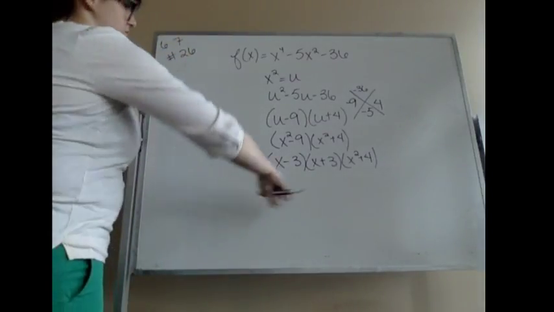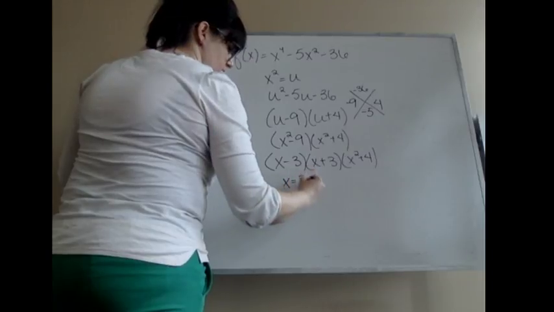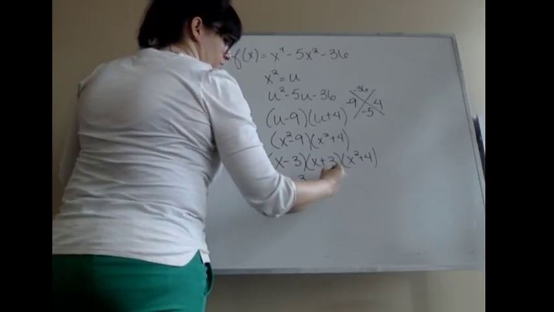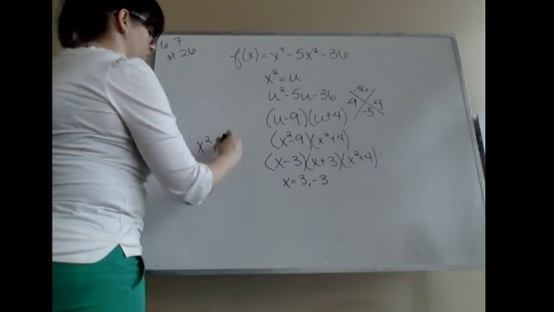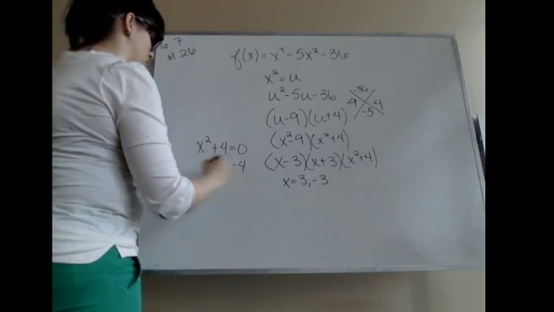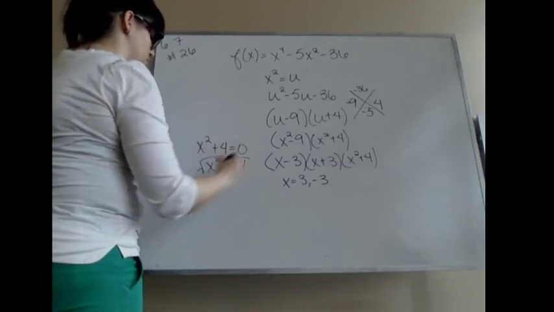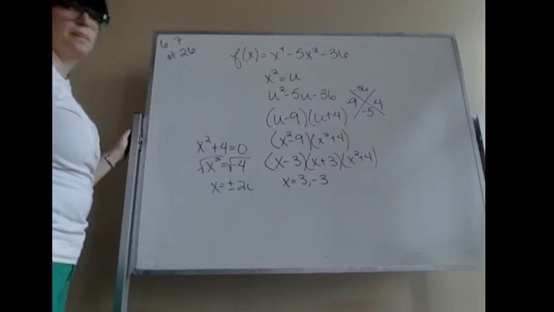So now we're going to set all of these equal to 0. And we get that x equals positive 3 from here, negative 3 from here, and x squared plus 4 equals 0. So x squared equals negative 4. So square rooting both sides, x equals plus or minus 2i.